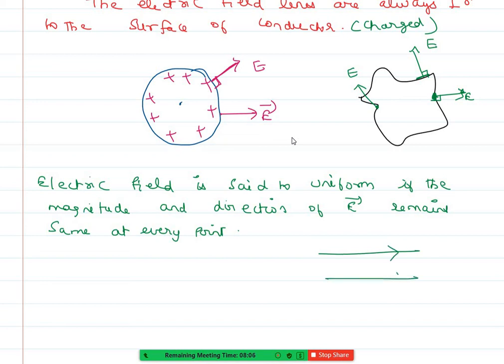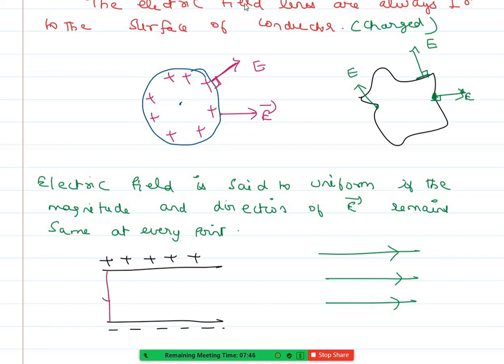You can represent it with parallel lines. If you have a plate, this is positive, this is negative. Then how will you draw the electric field? The electric field lines should start from the positive and end at the negative, correct? And if it is uniform, then parallel, equidistant lines. So this represents a uniform electric field.